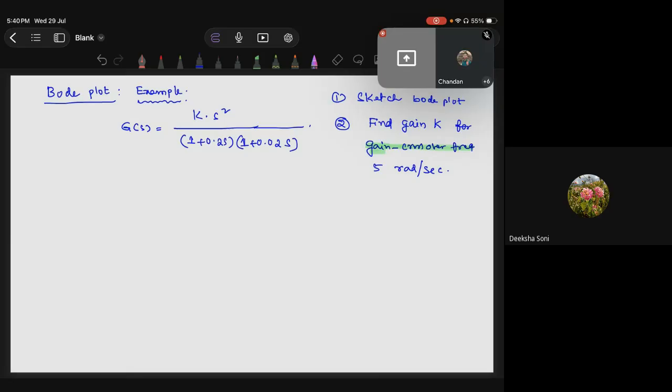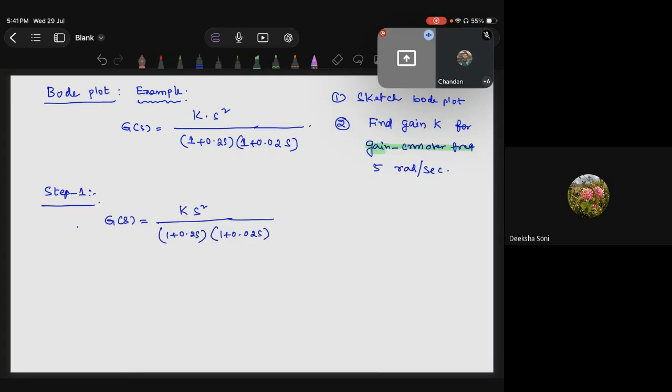So in this we'll go stepwise. Let's say step 1. By the way, if you get any doubt, you can directly ask me because these steps are very important. Let us say you have this g of s, k s square by 1 plus 0.2s multiplied by 1 plus 0.02s.